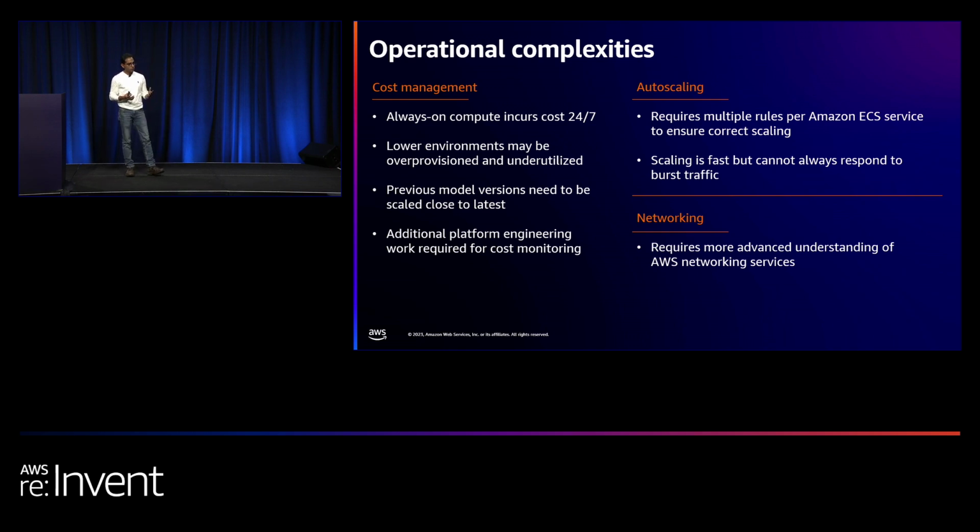And the unique thing about these models is that while you are building and launching new models, you also want your previous models to be available to the consumers in such a way that there is no performance degradation. So what it essentially meant for them was that they also needed to scale the previous models at near the same capacity that the latest models were running. So again, there was more cost for them.